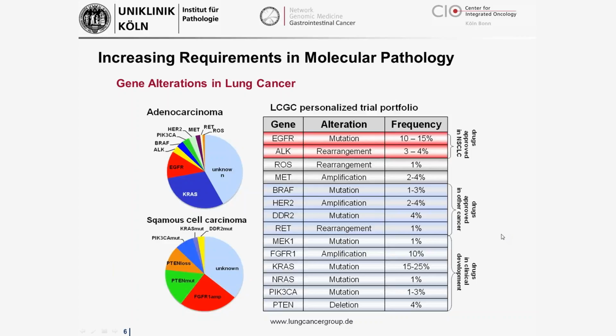And the same is true for lung cancer. New drugs are under development, and experience of some drugs might be transferred to lung cancer. So all this makes it necessary to test a panel of genes to estimate drug resistance or sensitivity to treat the patient individually.